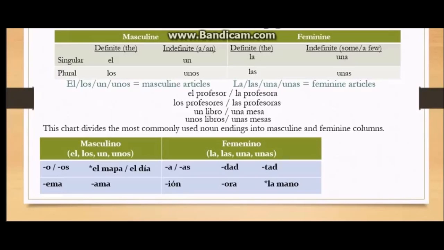Masculine nouns use masculine articles. Typically, nouns that end in A, AS, DAD, TAD, ION, and ORA are feminine. One exception is mano. Mano is always feminine, although it ends in O.